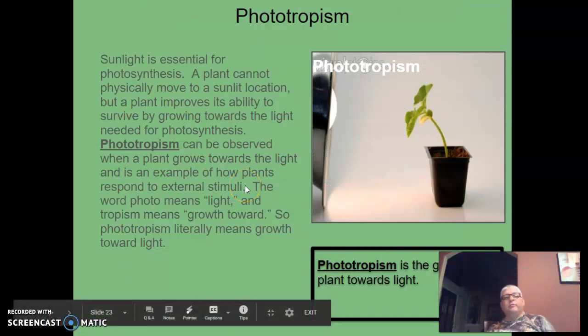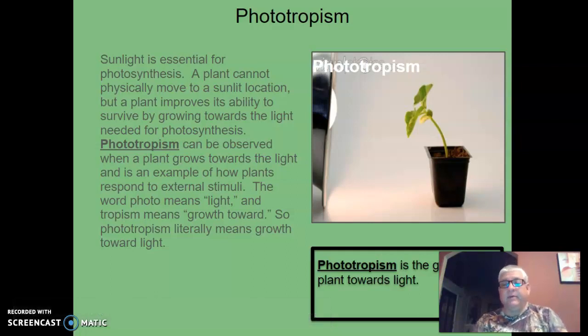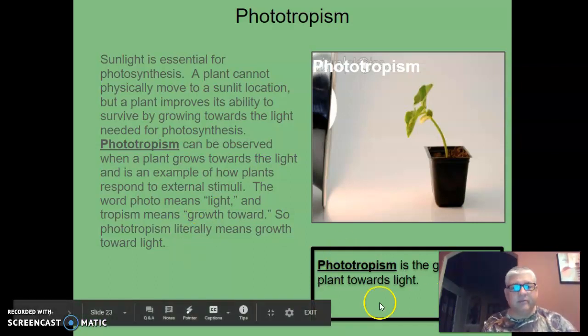Another one is tropism. So the next one, phototropism. Phototropism is another type of force that plants have. Please read all of this information here, but I just don't have time to do it. So phototropism is the growth of a plant towards the light.